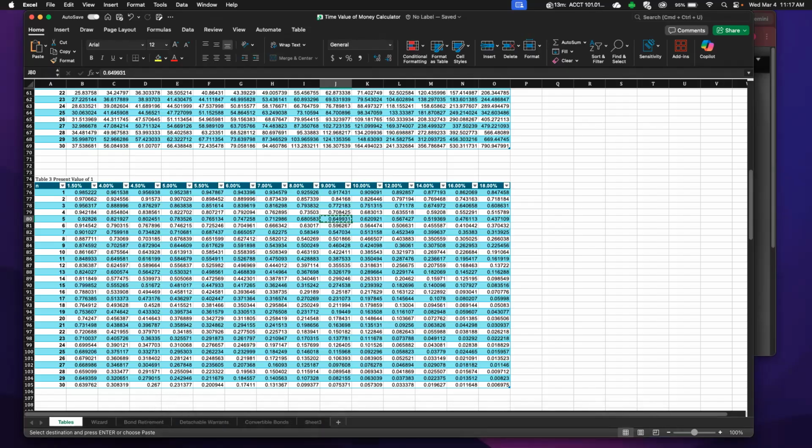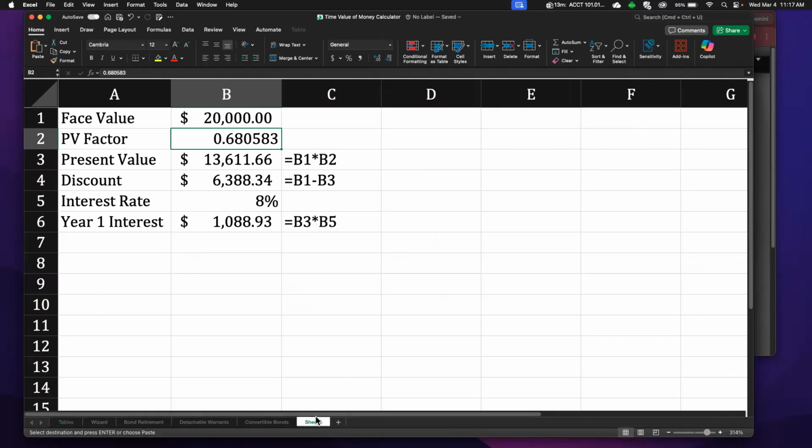And again, I'll figure out how to make it look that up for you. So our present value is 12,998.62. We've calculated our discount already, 20,000 minus 12,998. We need to change our interest rate to 9%. And we get our interest for our first year.